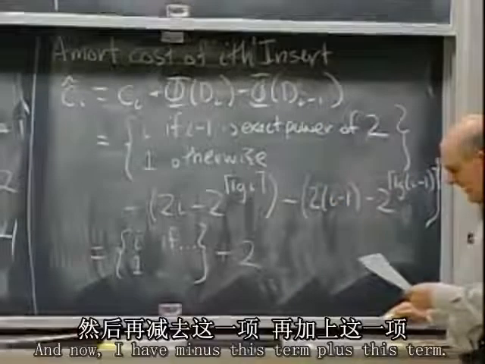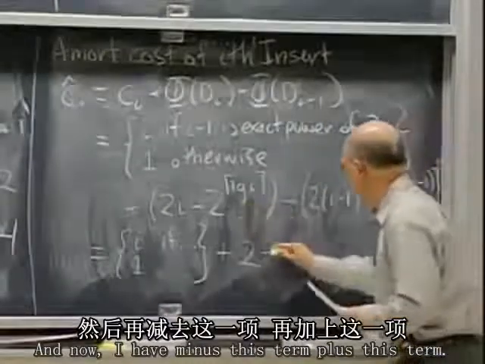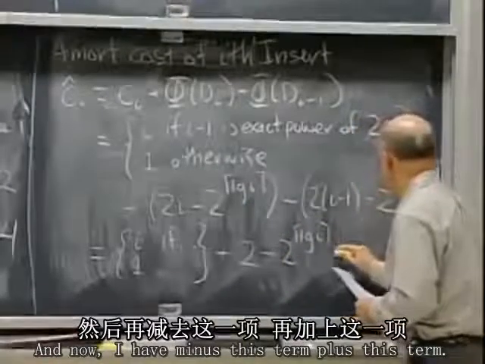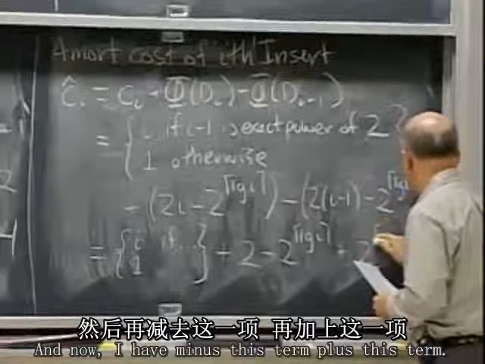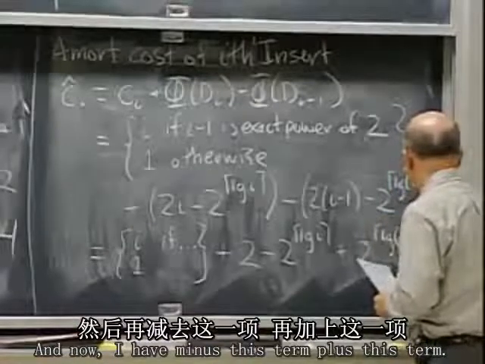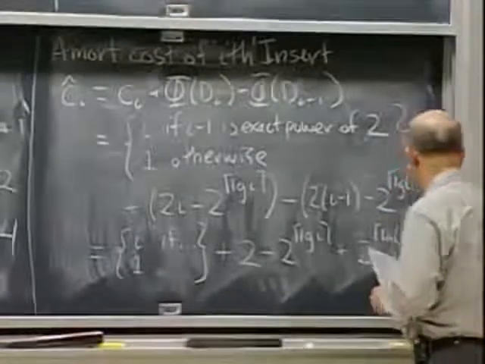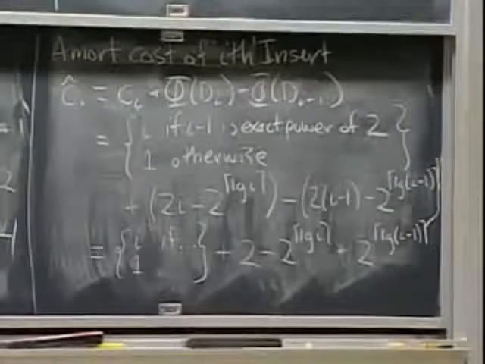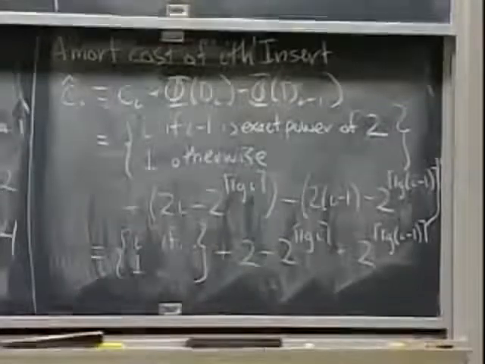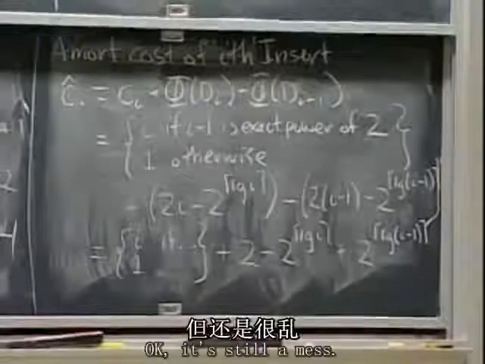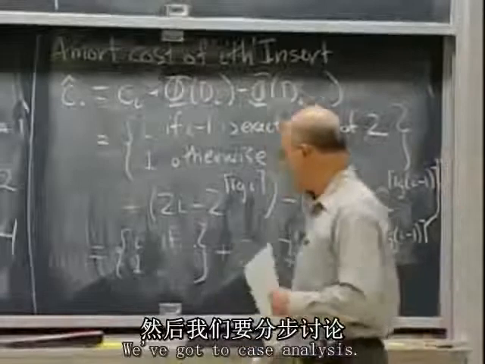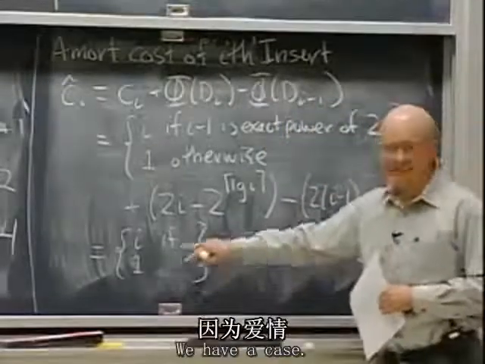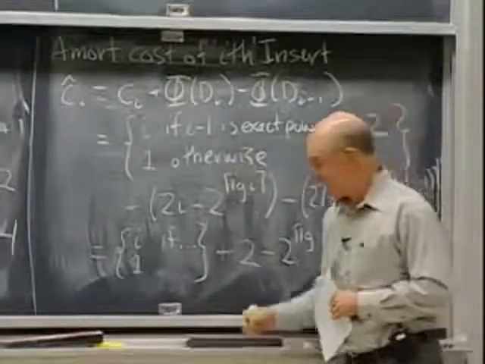And now I have minus this term plus this term. Oh, that's a lot prettier. Okay, still a mess. Got to do a case analysis. Why is it suggestive of a case analysis? We have a case. Okay, so let's do a case analysis.